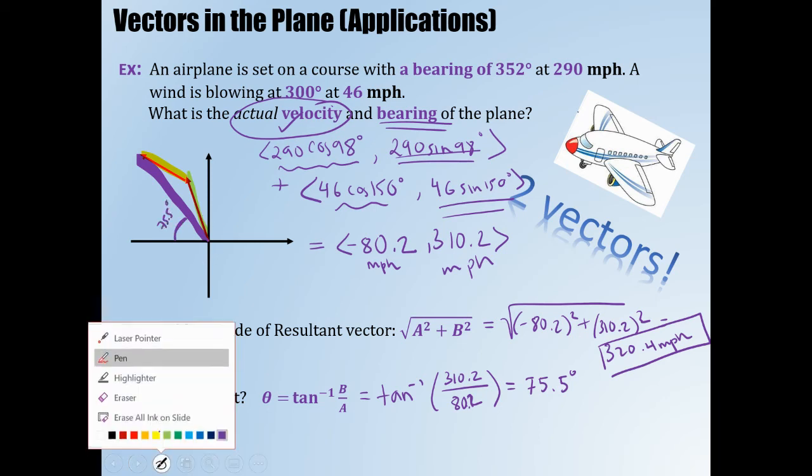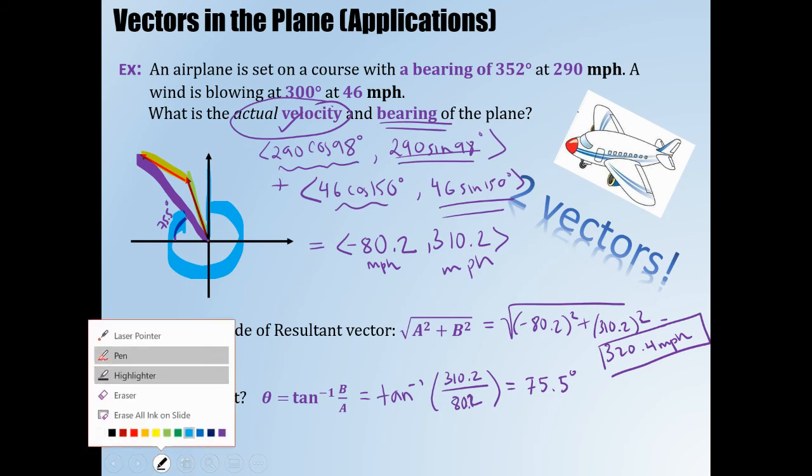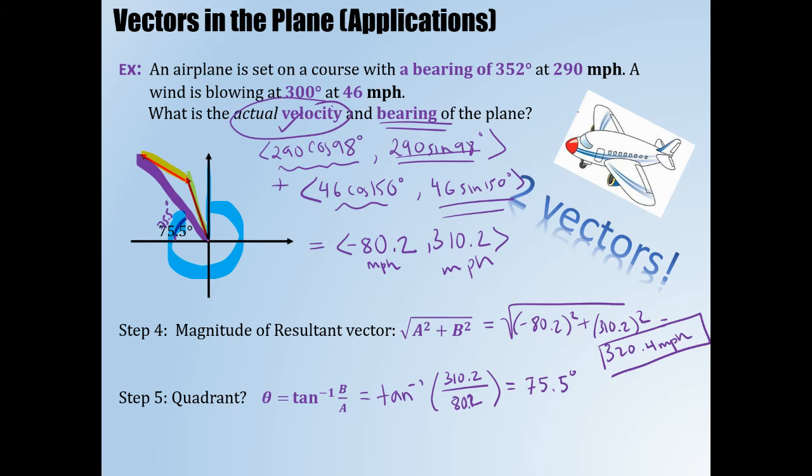But I want to figure out this, the bearing. So I want to know, from the north all the way around to here, what's that angle? Oh, well, we know how to figure that out. So the resultant bearing, what do I have to do?